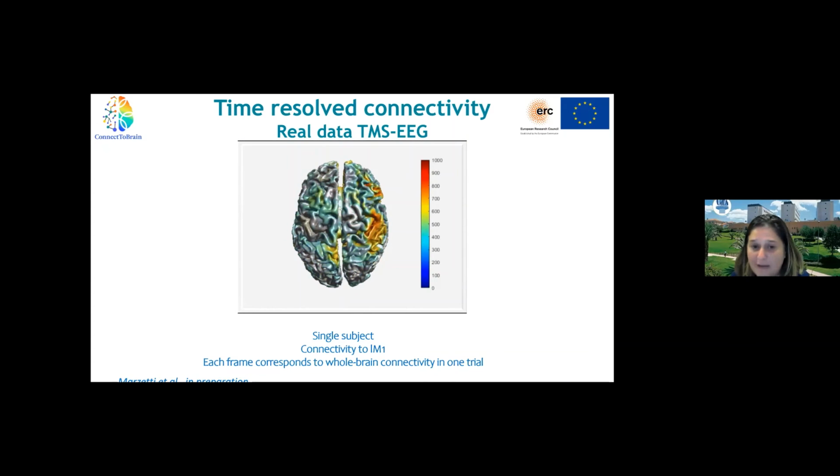Every time we take one piece of data before the TMS pulse, this connectivity of the left motor cortex to the rest of the brain changes, still continues to involve other regions which belong to the motor network at this frequency, but still, as you can see, sometimes it's higher, sometimes it's lower, sometimes it's recruiting more regions in the opposite hemisphere, and sometimes more ipsilateral regions, and so on.